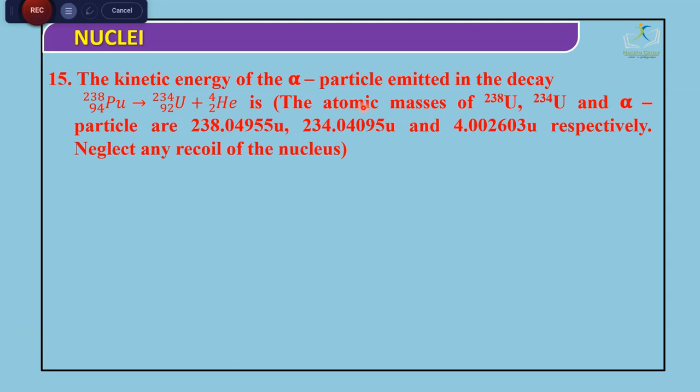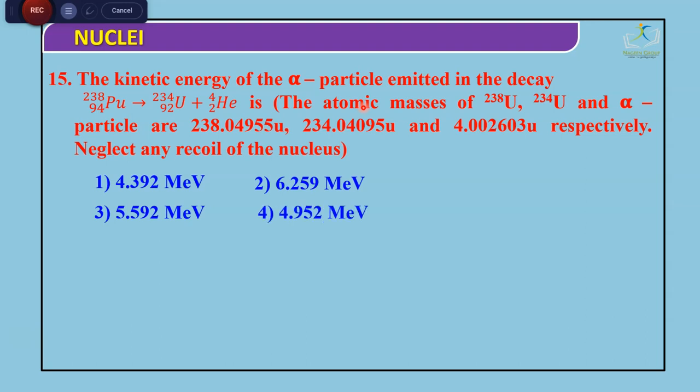Neglect any recoil of the nucleus. Options: first, 4.392 MeV; second, 6.259 MeV; third, 5.592 MeV; fourth, 4.952 MeV. Let's move on to the solution part.